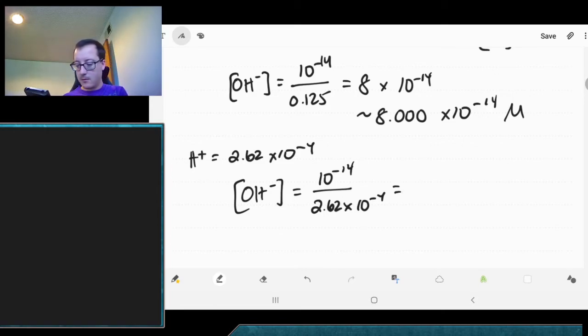Bust out your calculator. 1E negative 14 divided by 2.62E negative 4. We should get 3.817 times 10 to the negative 11 molar.